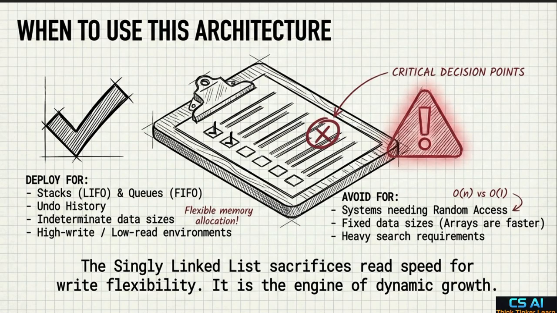Conversely, you should avoid them for systems needing random access, as arrays are superior here. Also avoid them for fixed data sizes, where arrays are generally faster, and for heavy search requirements. In a sense, the singly linked list sacrifices read speed for write flexibility. It is the engine of dynamic growth.